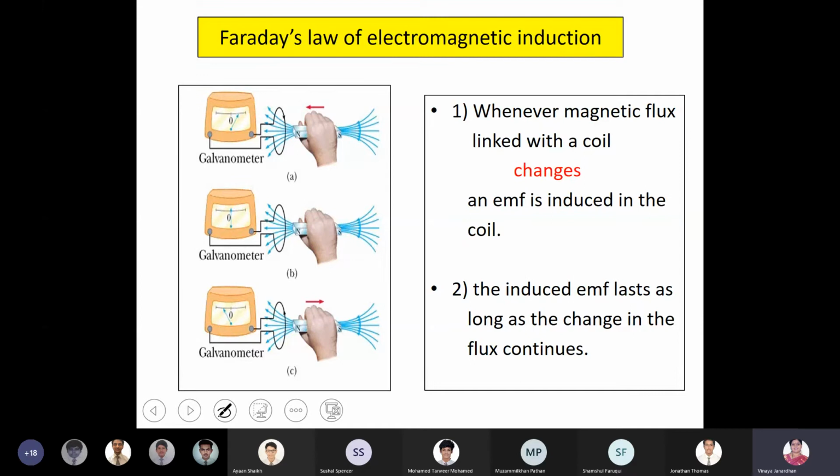The induced EMF lasts as long as the change in the flux continues. So how will you represent it mathematically? Shall I go for the next one, boys? Mathematical representation?